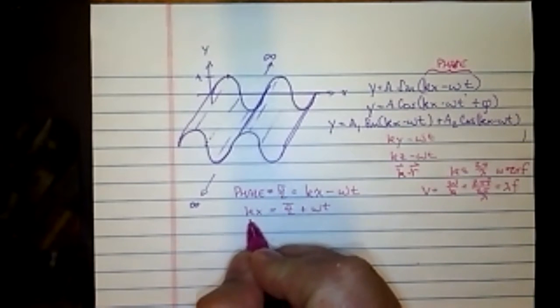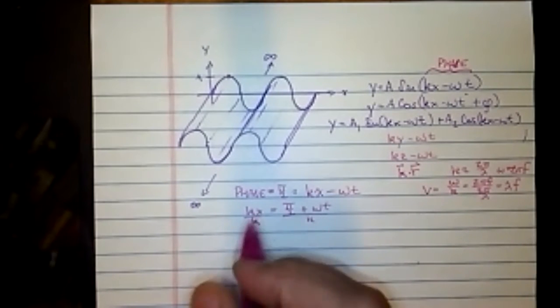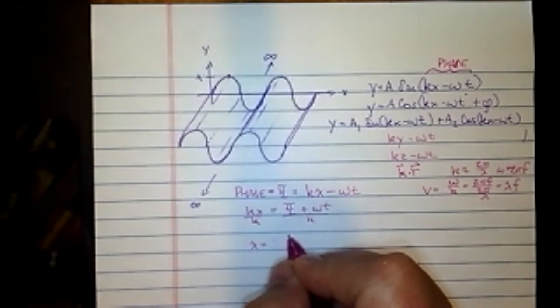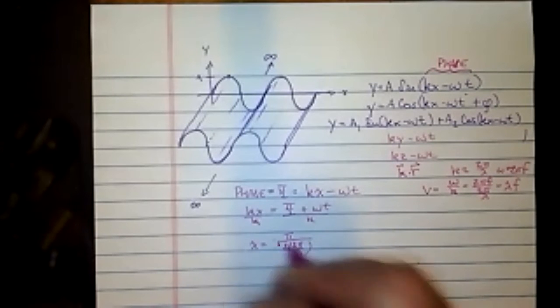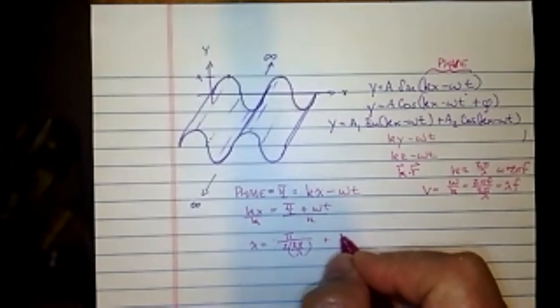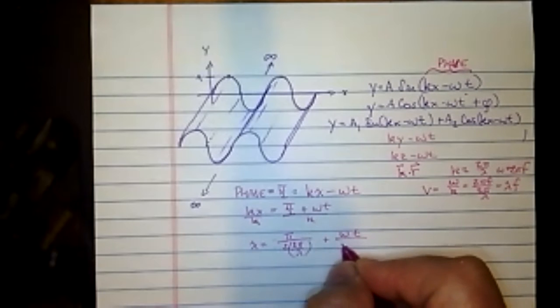So now if I divide through by k, whatever I do to one side, of course, I must do to the other. Now I'm going to get x is equal to pi over 2 divided by 2 pi over lambda, because that's what the k is going to be in the bottom now. And then for the other term, omega t over 2 pi over lambda.